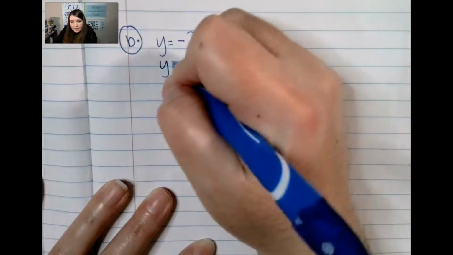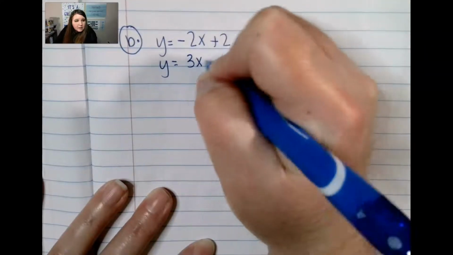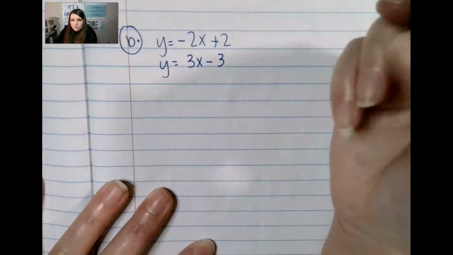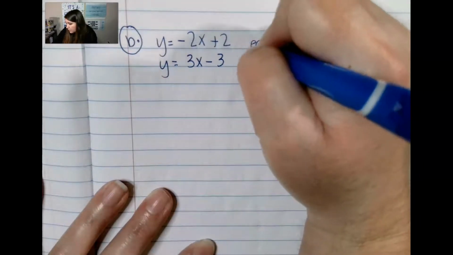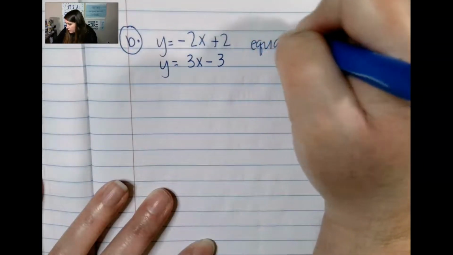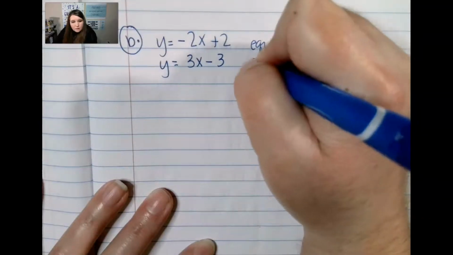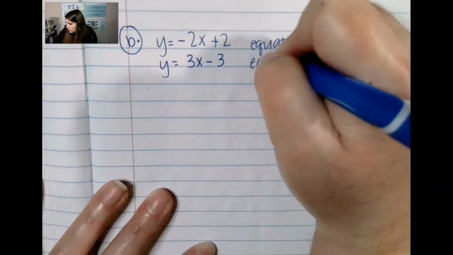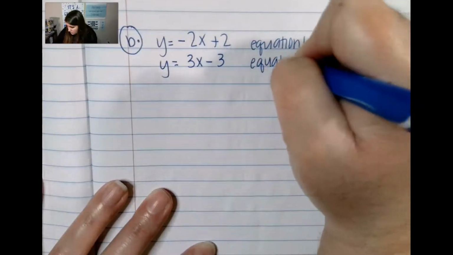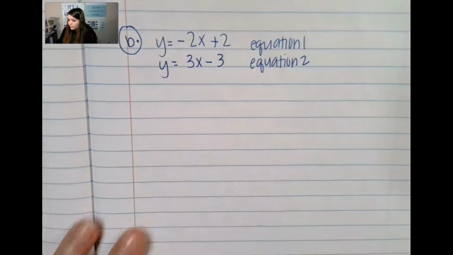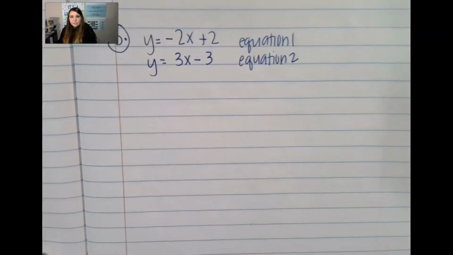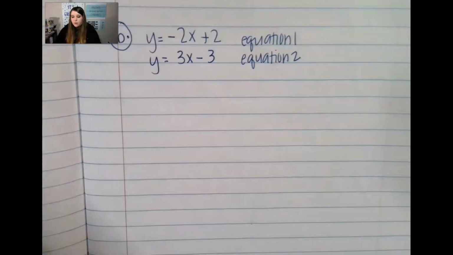And y equals 3x minus 3. So here is equation 1, and here is equation number 2. All right, again, we're going to start with graphing.